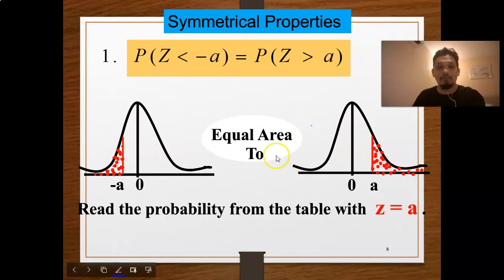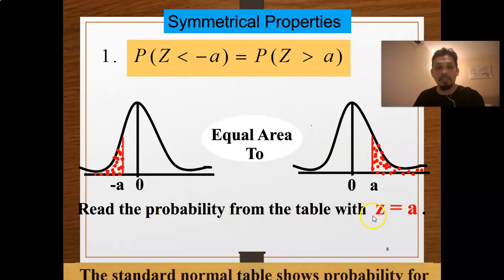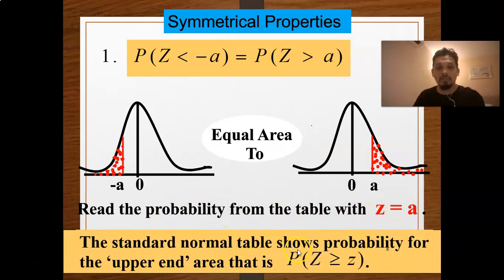Read the probability from the table with Z equal to a. The standard normal table shows the probability for the upper end area, which is Z greater than or equal to a small letter z. At this moment we look at the definition first, and when it comes to the example, it will make it clear.